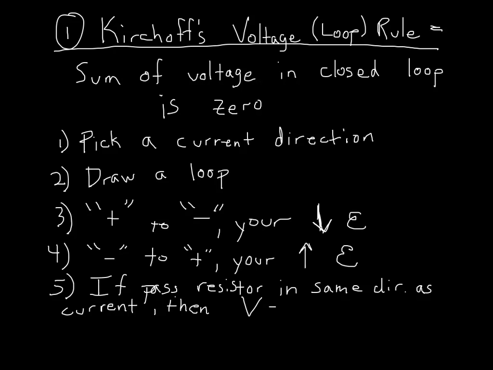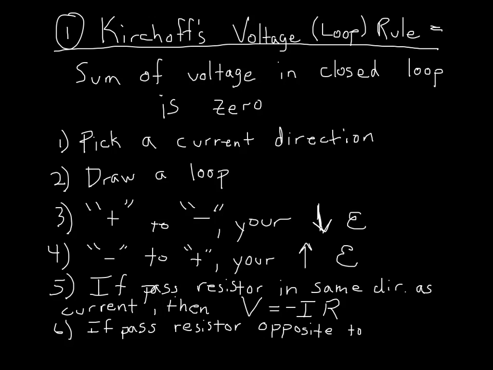Then voltage drops according to negative I times R, Ohm's law. And finally, if you pass a resistor opposite to current, then you gain some potential, and that potential gain is V equal to positive I times R.